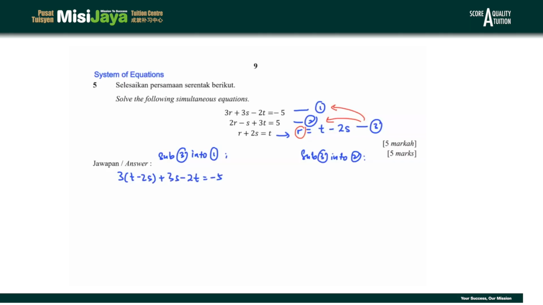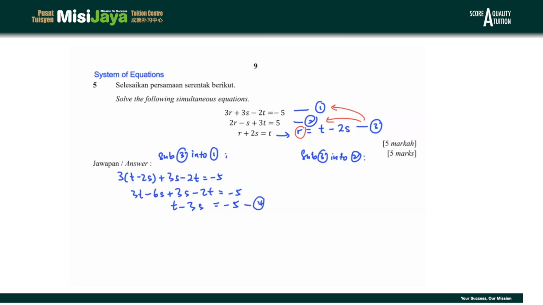So I'm going to open up the bracket. It'll be 3T minus 6S plus 3S minus 2T, then equals to -5. Then we solve this. 3T minus 2T will be 1T. So T, minus 6 plus 3 is -3S, so equals to -5.